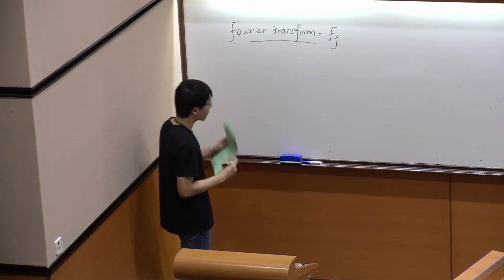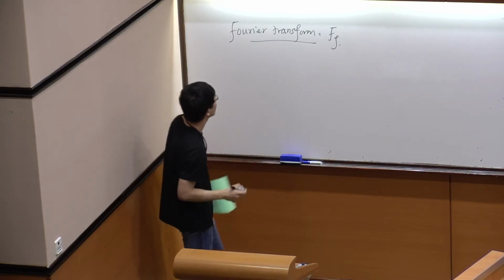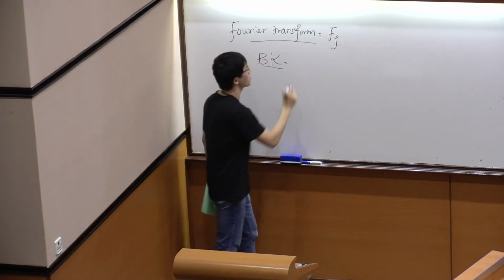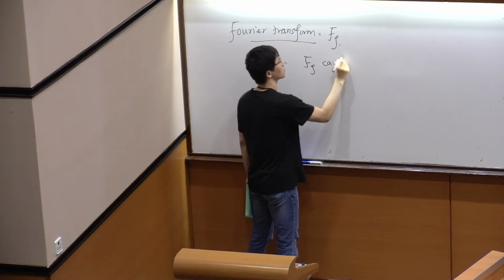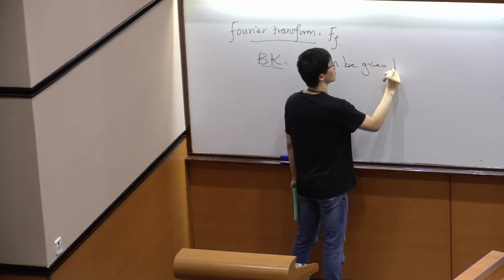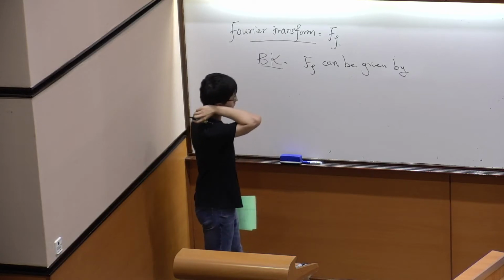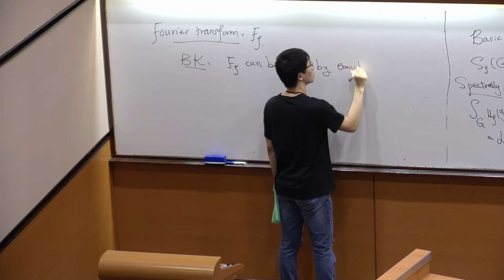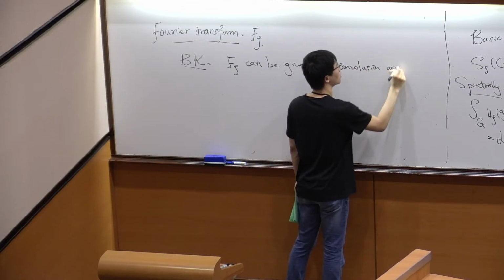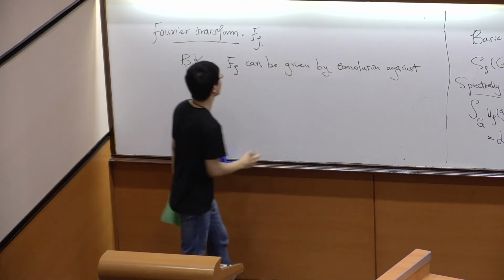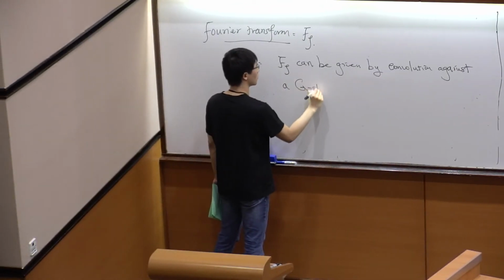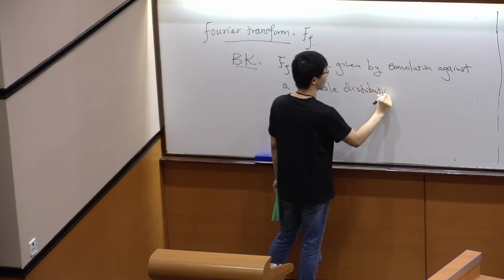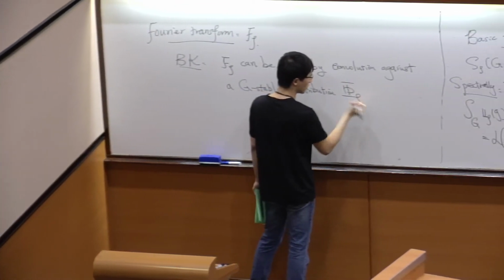The idea of Braverman and Kazhdan is that the Fourier transform can be given by convolution against a G-stable distribution, which we denote by phi rho psi.